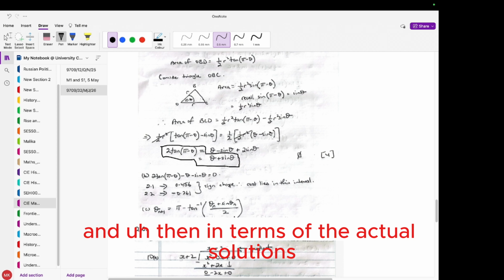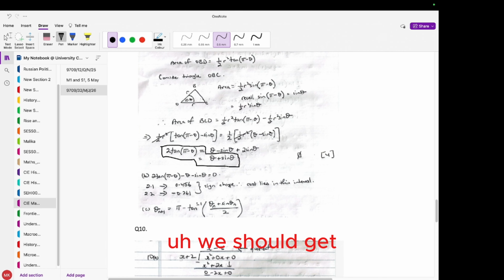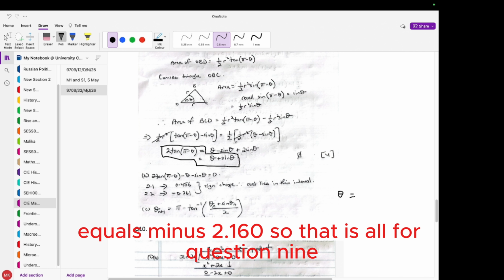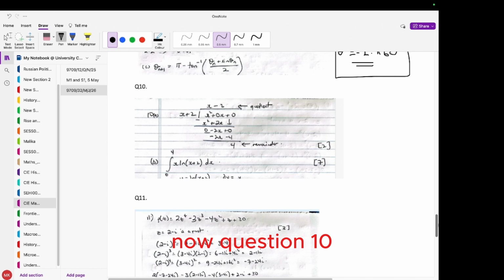And then in terms of the actual solutions, the final value of theta that we should get is theta equals minus 2.160. So that is all for question 9. Now, question 10.